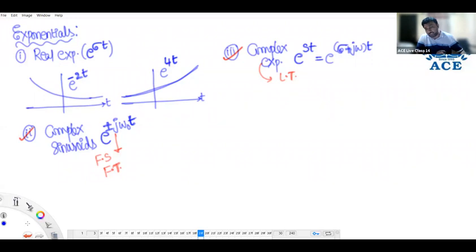These are some of the standard continuous signals which we are using in the subject.